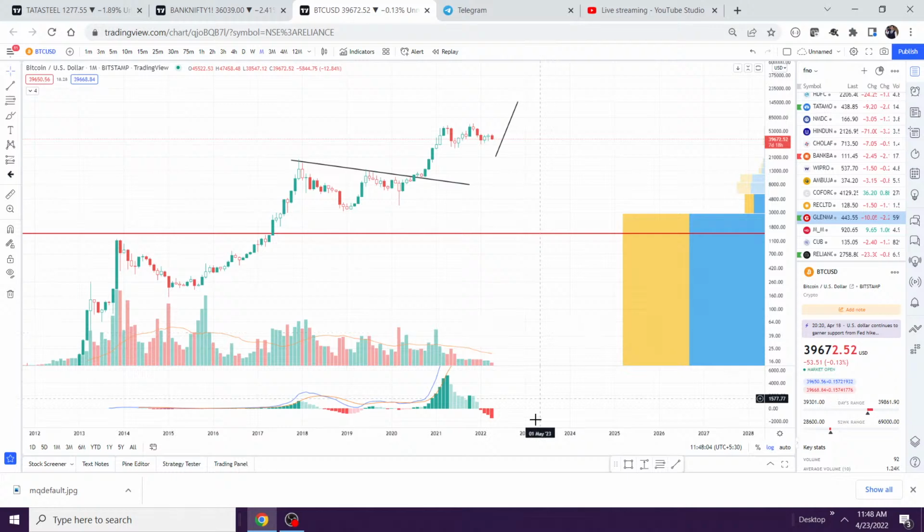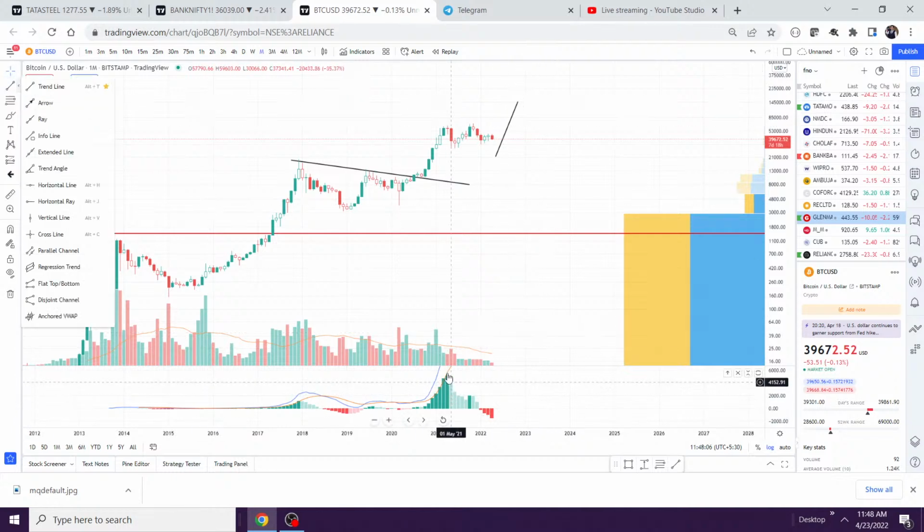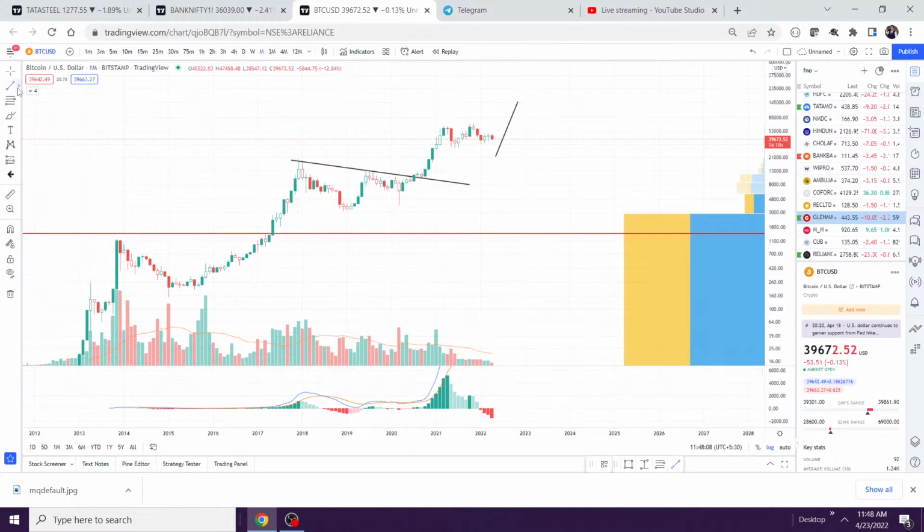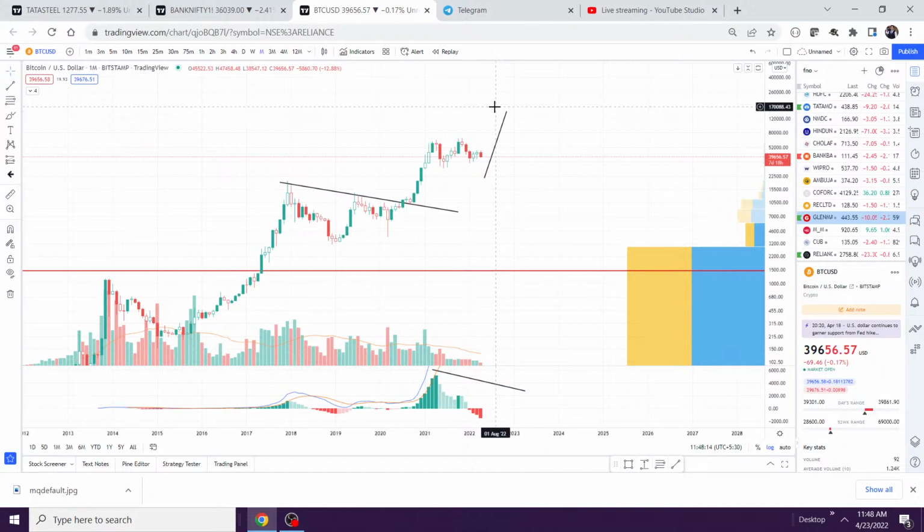Once the fifth wave is formed, there will be divergence between this and this, and that will be the time of booking profit in Bitcoin also. So there will be one possible up move in Bitcoin also, because the concept is similar. If the bearish divergence happens in the third and fifth, and on the monthly chart there is no divergence as of now.